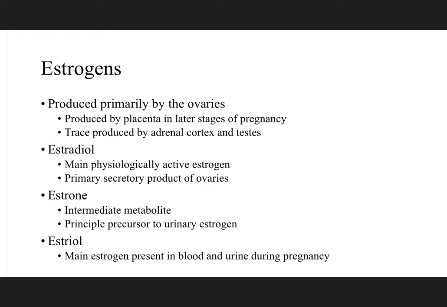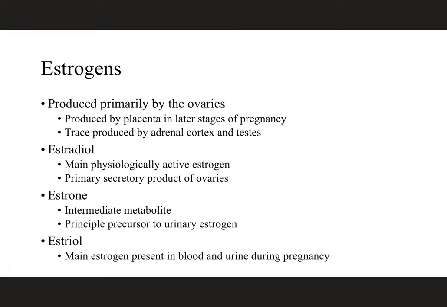So this has a huge effect on female traits. There is also estrone, which is an intermediate metabolite, which means it's a breakdown product of your estradiol, and a principal precursor to urinary estrogen. It's in the name, intermediate metabolite.